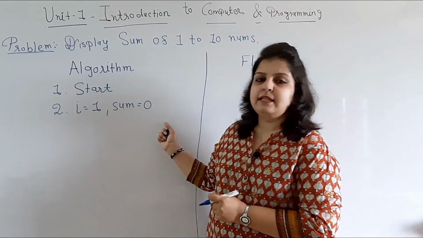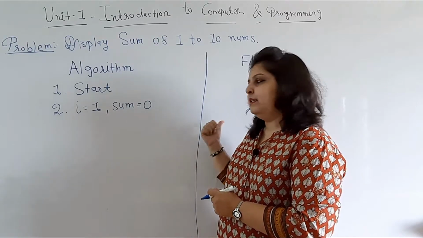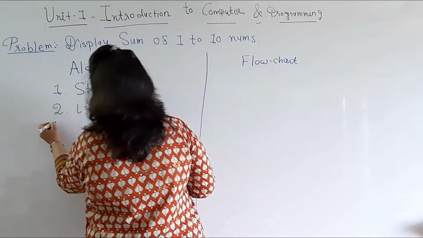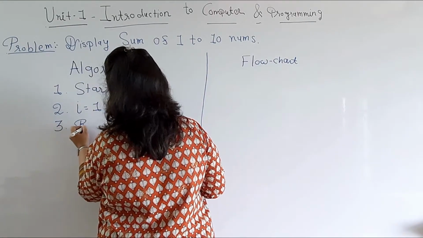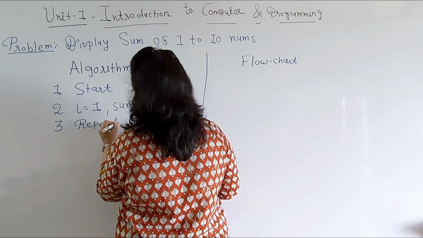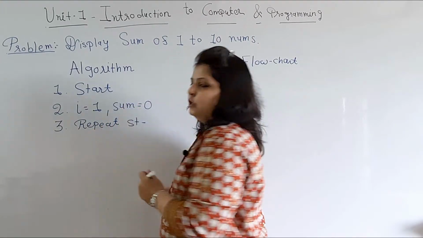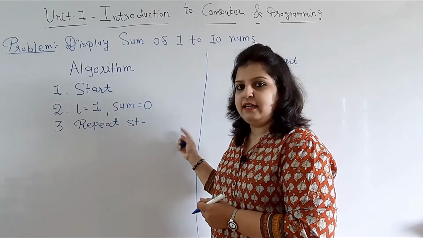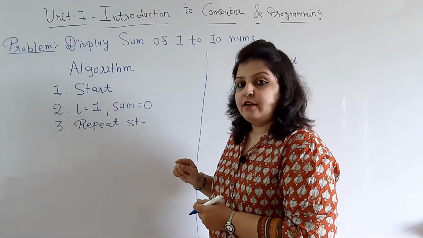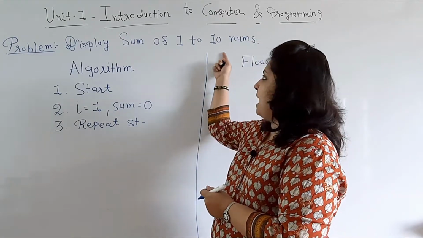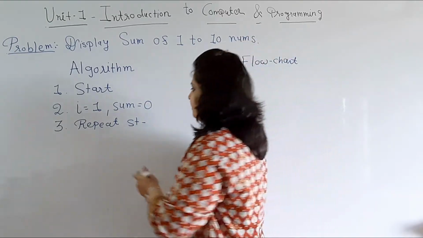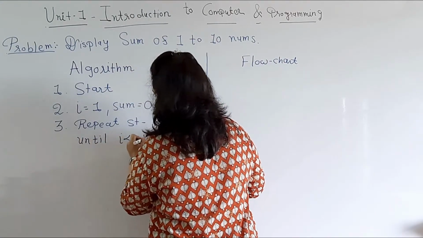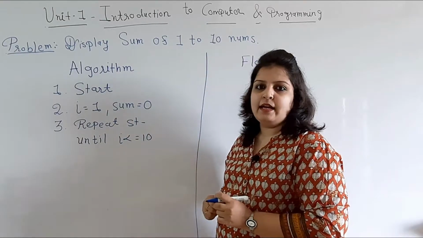Why do we take 0 here? I will discuss that later with an example. Then the third step is the same as the previous one, the repeat statement. We don't know the statements in advance, so we will write them later, until our termination condition: I lesser equal to 10.